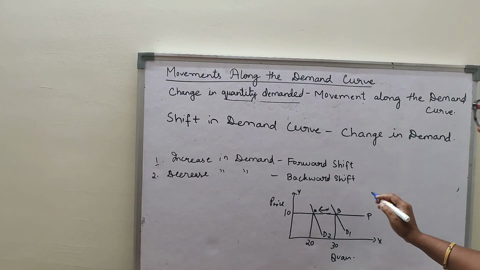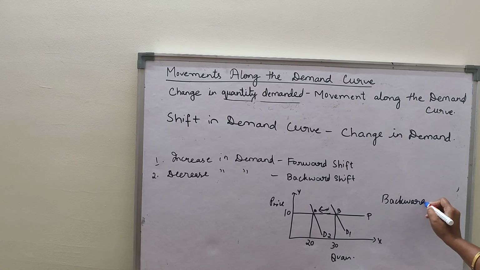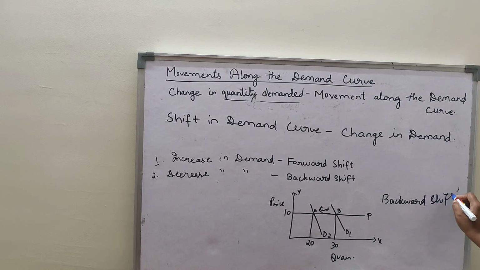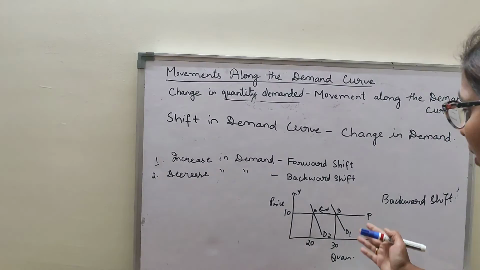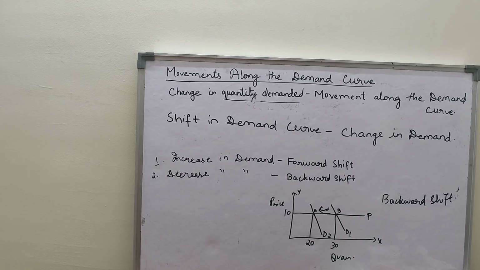This is the backward shift or decrease in demand. So understood that in the backward shift, there is a decrease in demand due to loss of taste for the good, or consumer income decreases, or the price of the substitute good increases. Anything might be the reason. There is a backward shift and the demand curve shifted from D1 to D2.